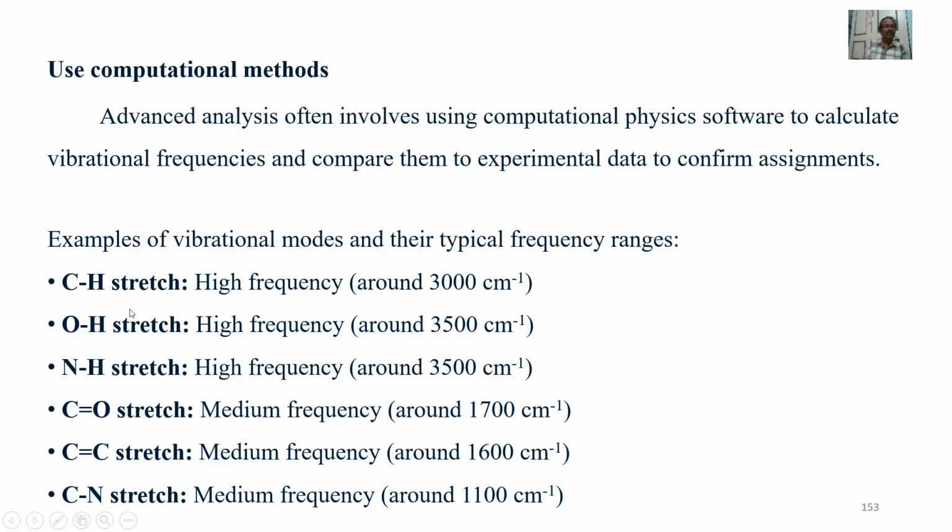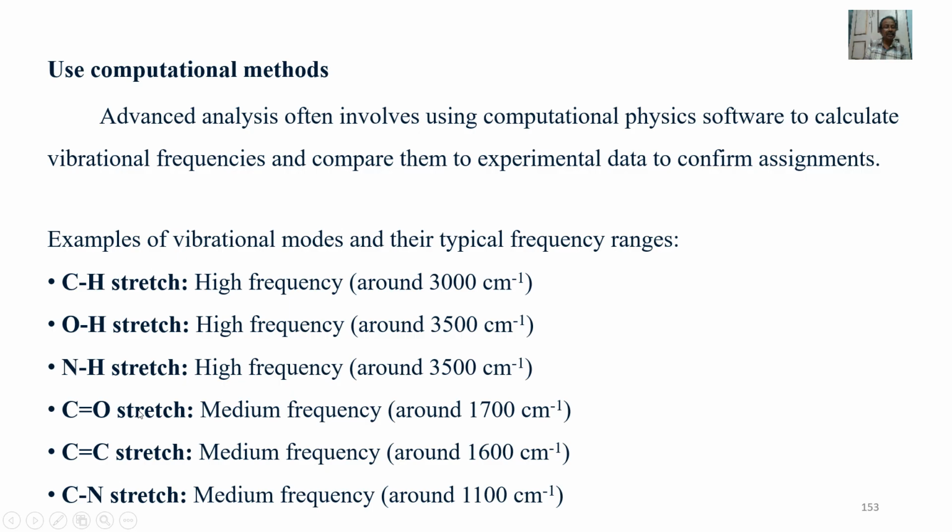Examples of vibration modes and their typical frequency ranges. One can observe single bonds: C-H stretch lies at high frequency, around 3000 cm⁻¹. O-H stretch also lies around 3500 cm⁻¹. N-H stretch also lies at high frequency, around 3500 cm⁻¹.